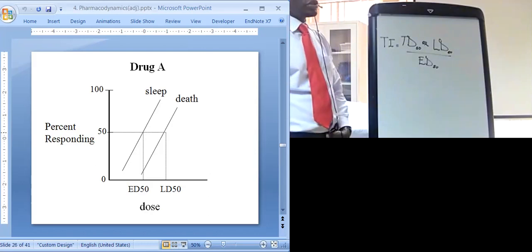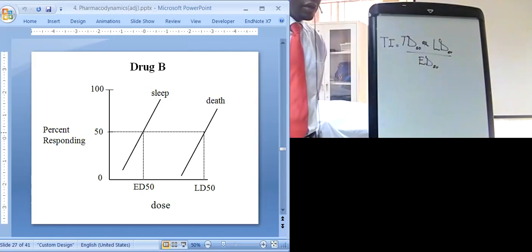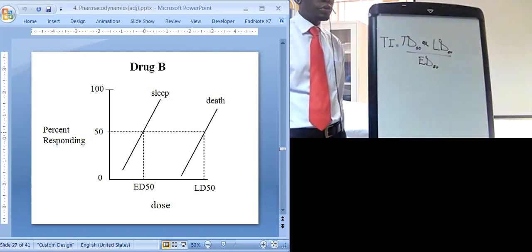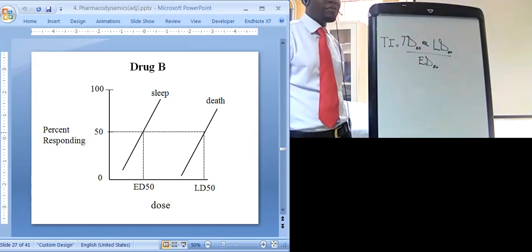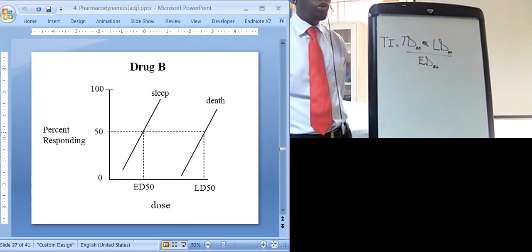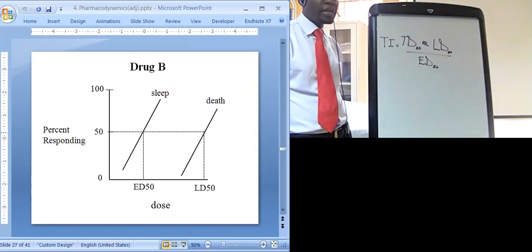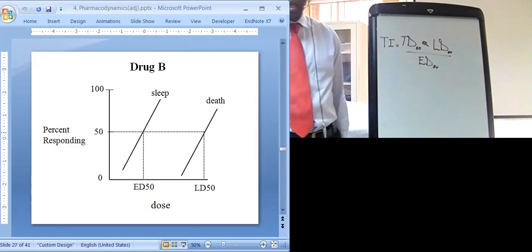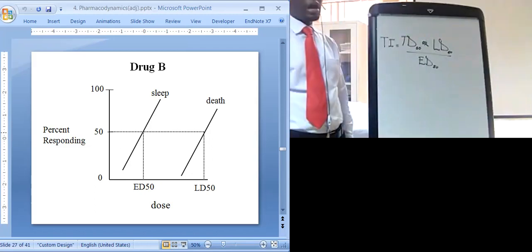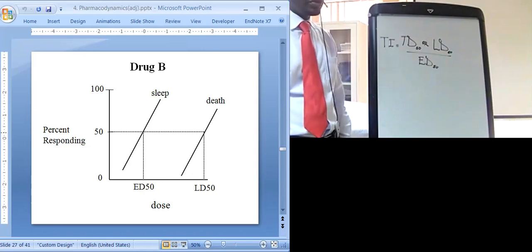So I would pose a question: drug A and drug B, if both were intended to bring about the same effect, like maybe if both were painkillers, which of those two would you prefer using? The answer is B, because it has a larger therapeutic index.